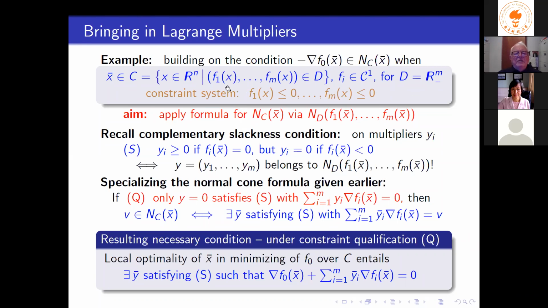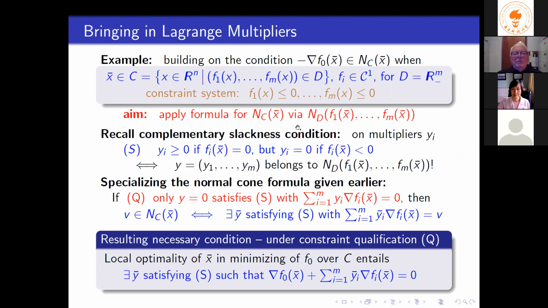So that means that this constraint system is just a system of inequality constraints. These M functions should all be less than or equal 0 for this point X to belong to this set C. And my aim then is to apply the formula for the normal cone that was derived in the last lecture for this kind of set C.